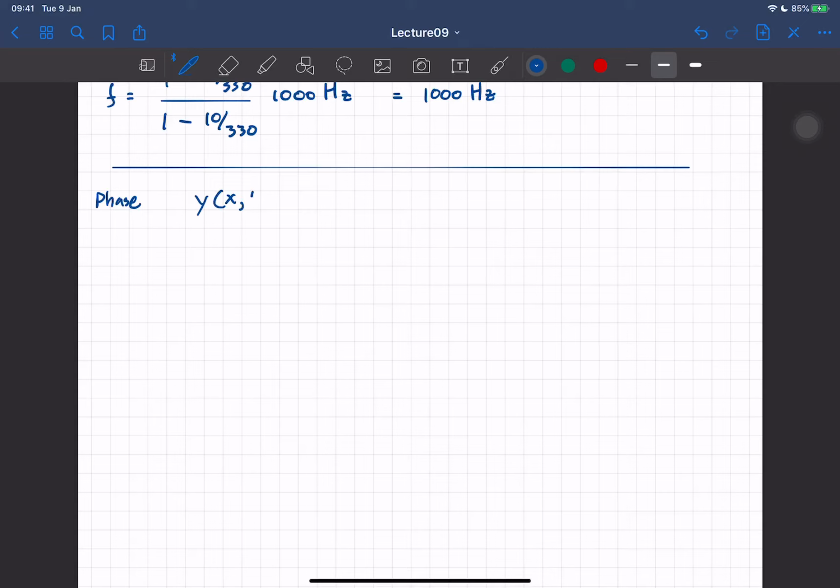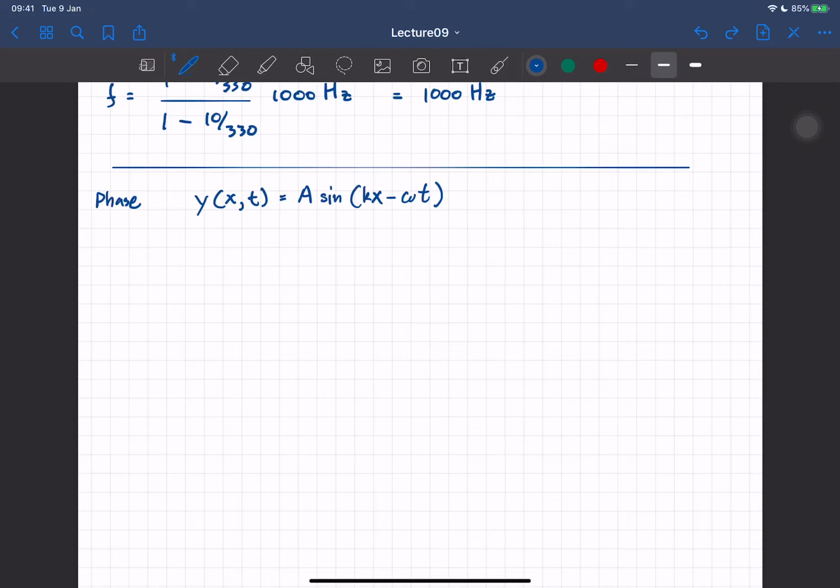So we have y of x and t, and that's going to be A sine of kx minus omega t, right? So k gives you the information about wavelength, and omega gives you the information about the frequency, right?